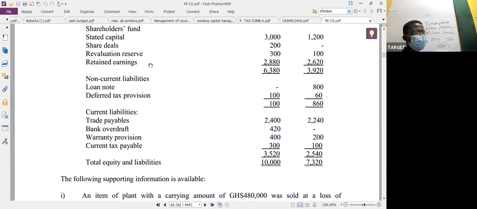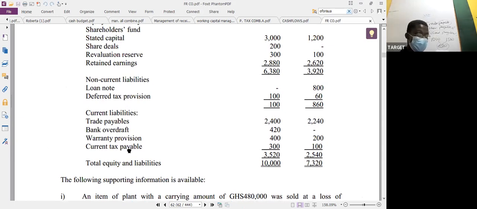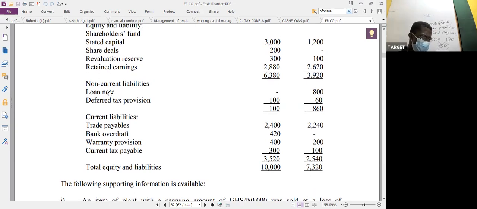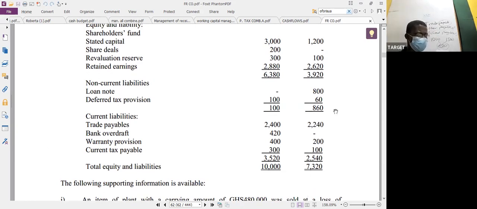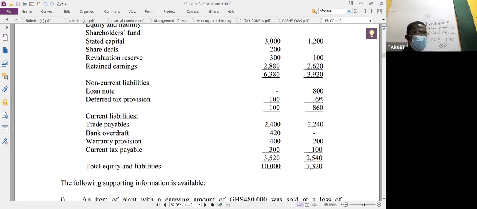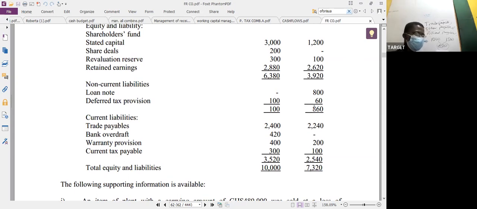Add them together. So the opening balance, pick the one under the current liability, 100, plus the one under non-current liability, 60. So it will be 100 plus what? 60 as the opening balance for deferred tax. Agreed. Yeah, they are all tax, so we should add all of them. Yes, please. Every tax be taxed.